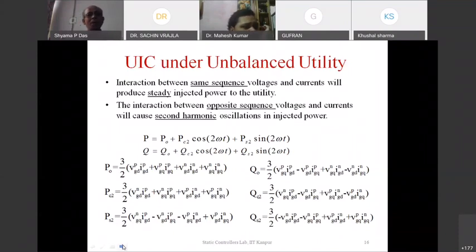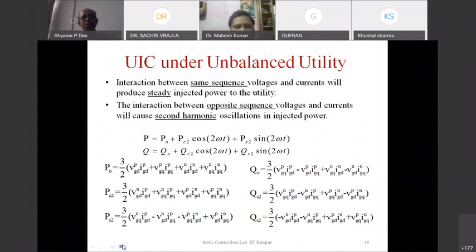But when we have interaction between opposite sequence voltage and current, positive sequence voltage interacting with negative sequence current and negative sequence voltage interacting with positive sequence current, what is the relative velocity between the positive and negative sequence? It is 2 omega, because the positive sequence is rotating in the anticlockwise direction with a speed of plus omega, and the negative sequence is rotating at a speed of minus omega. So the relative speed is 2 omega.